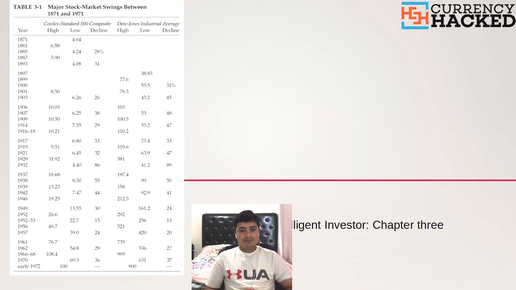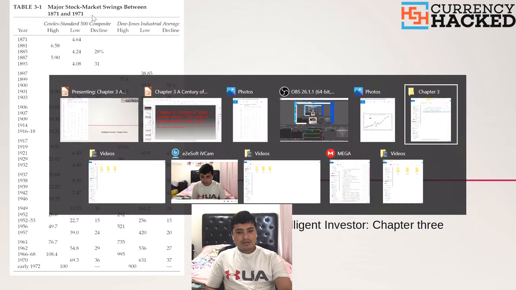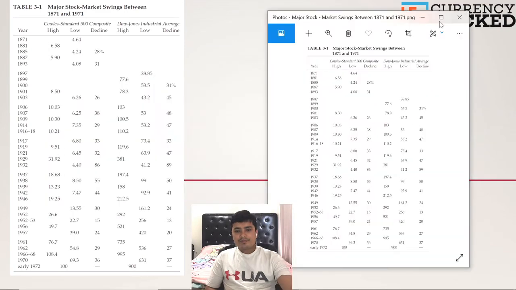Here we have the stock market swings between 1871 and 1971. Let me show you the picture. Okay, we have a picture here.